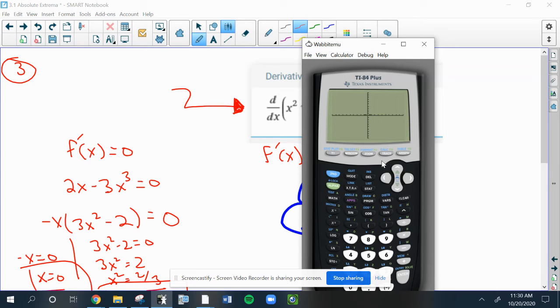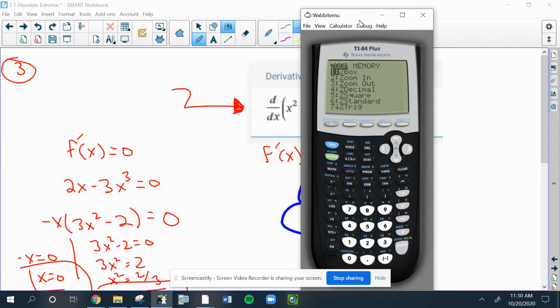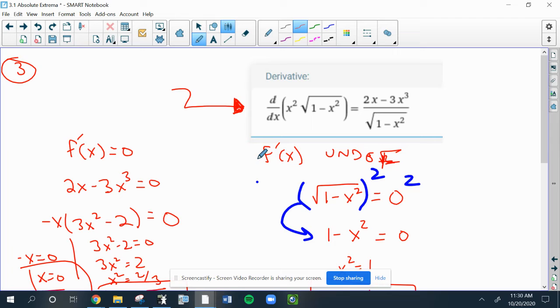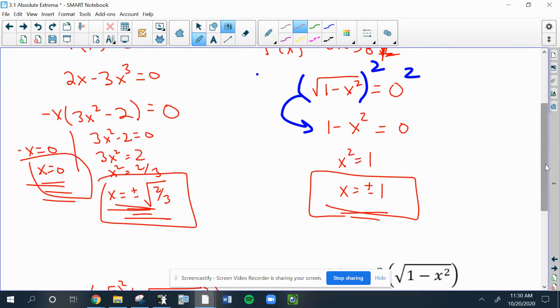Oh, that's horrible. We'll do the best we can. So I'm going to zoom in on this. That's not bad. So we have our critical numbers right: 0, plus or minus root 2 over 3, and plus or minus 1.